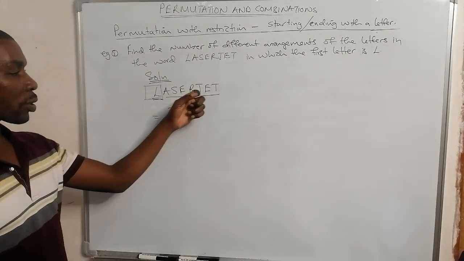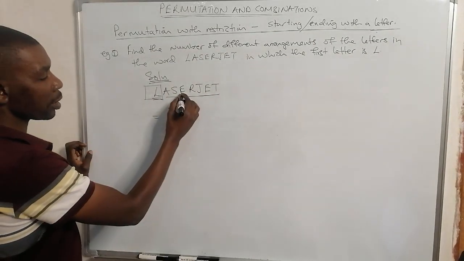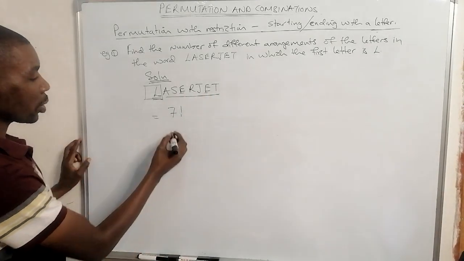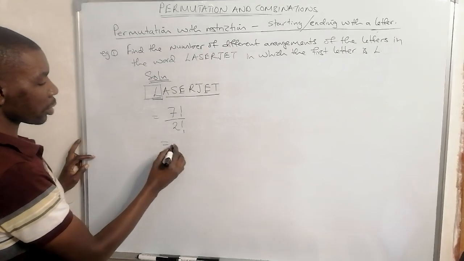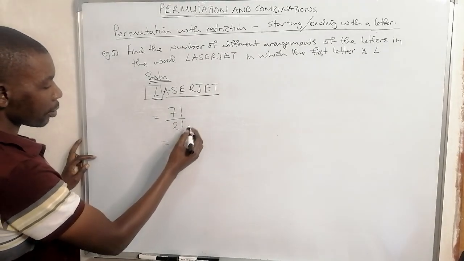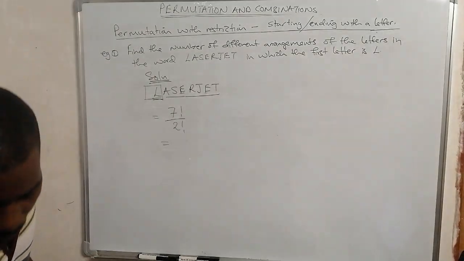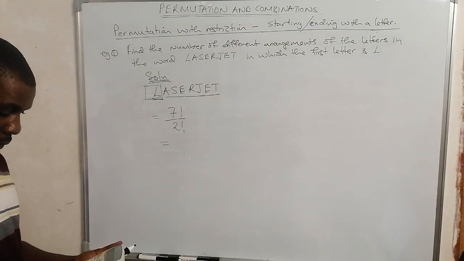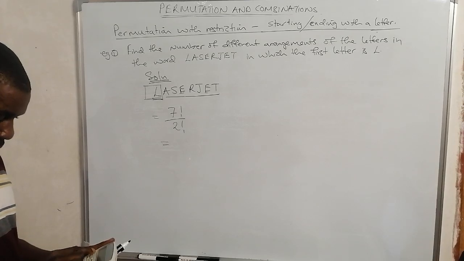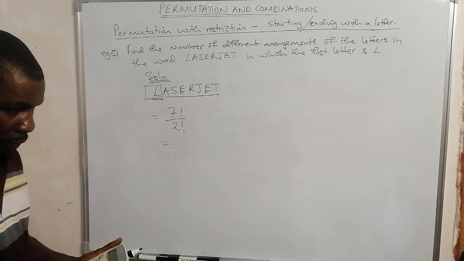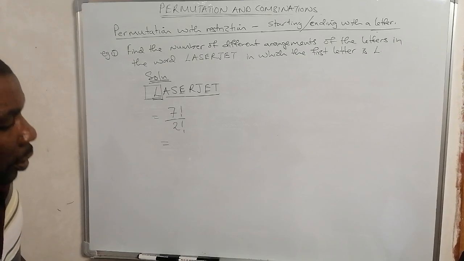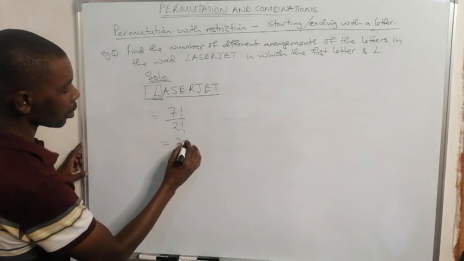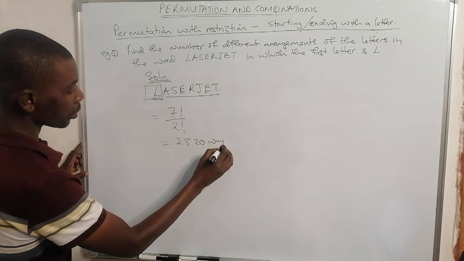But we have letters which are the same. We have E and E, which are the same. Therefore, we are going to divide by 2 factorial. And that will be 7 factorial divided by 2 factorial, which is 2520 ways.